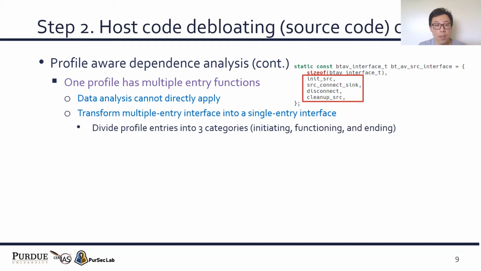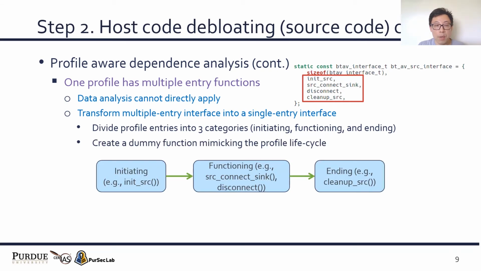Specifically, we divide the profile entry functions into 3 categories: initiating, functioning, and ending. And then we create a dummy function calling the entry functions in such an order to mimic the profile life cycle. The dummy function calls the initiating functions first, and then the functioning functions, and at last the ending functions.